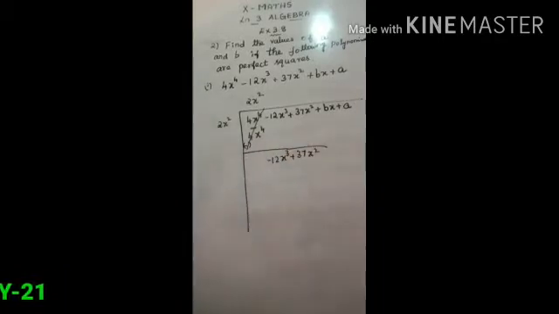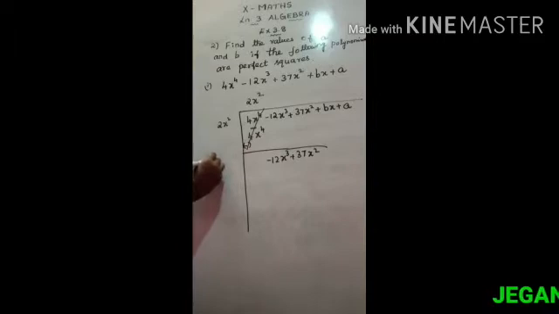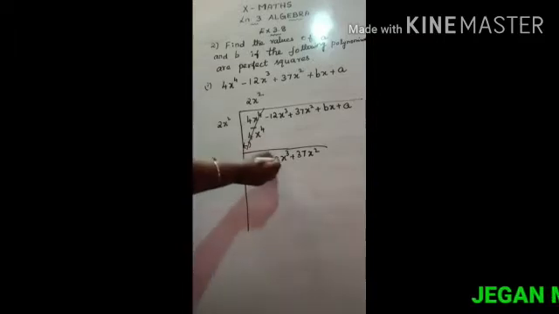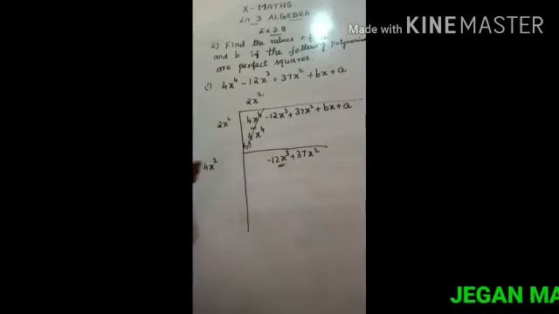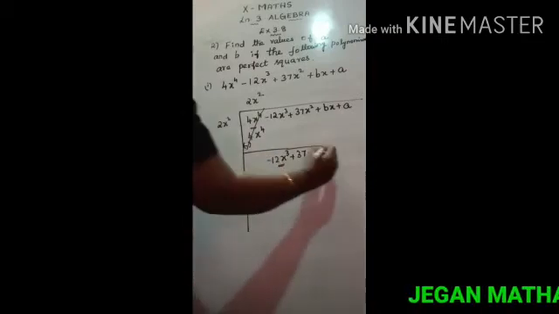In the second step, multiply by 2 the quotient term. So 2x square multiplied by 2, we have 4x square. So write in the second step first 4x square. Then take the first term in the dividend, minus 12x cube divided by 4x square.